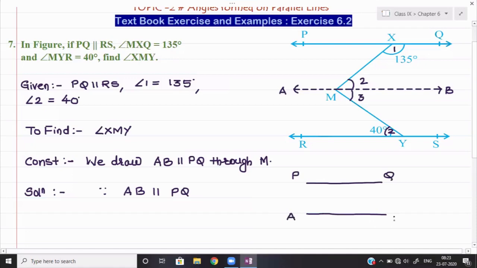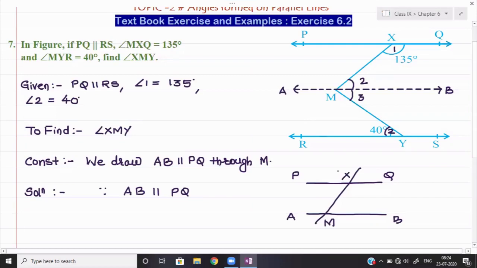And see, there is one transversal passing through X and M, meaning it intersects the line PQ at X and AB at M. Observe, this point is X and this point is M.